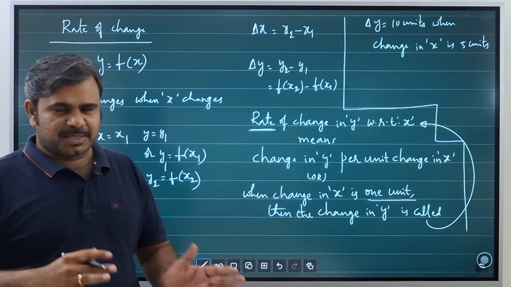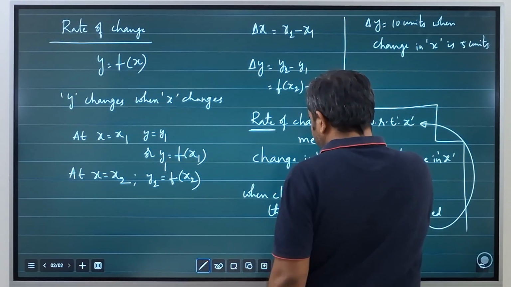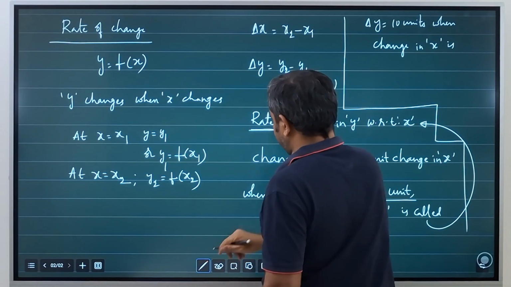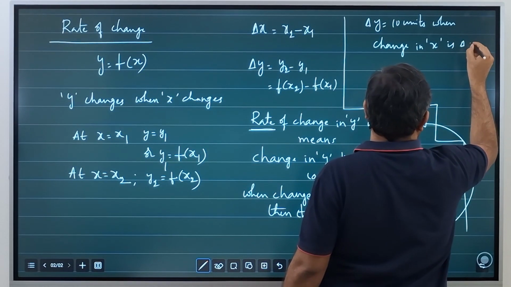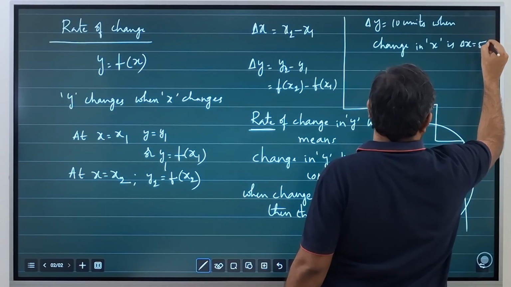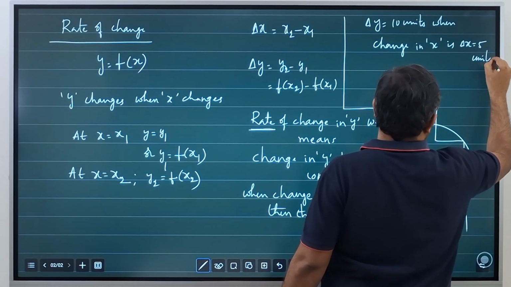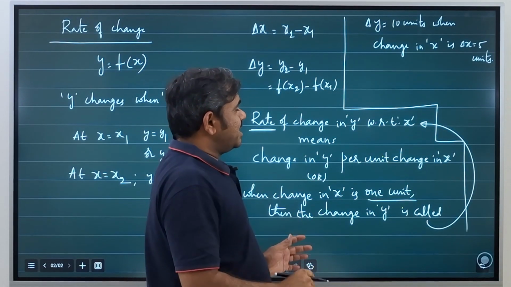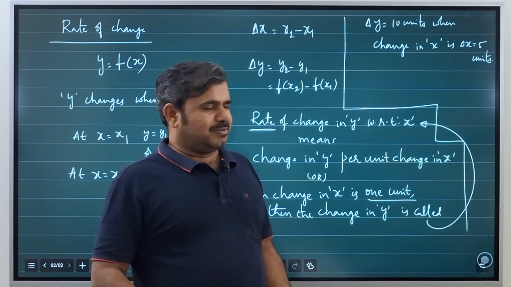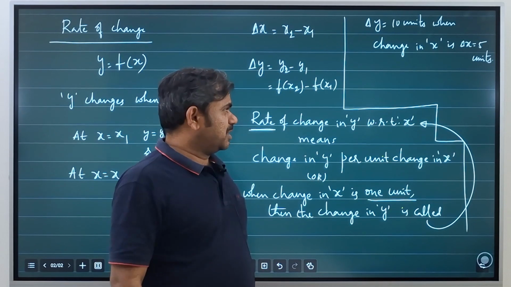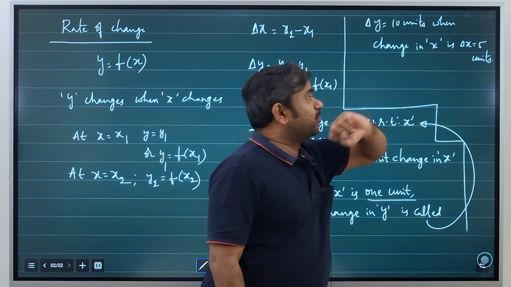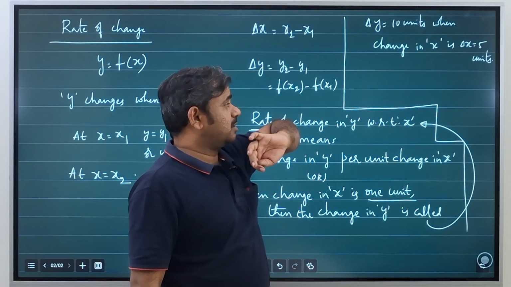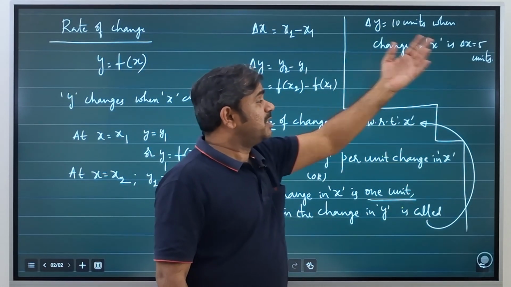So when x changes by 5 units, y changes by 10 units. That's what it means. So here, what is the rate of change in y with respect to x? It means when the change in x is 1 unit, what would be the change in y? So change in y per unit change in x.